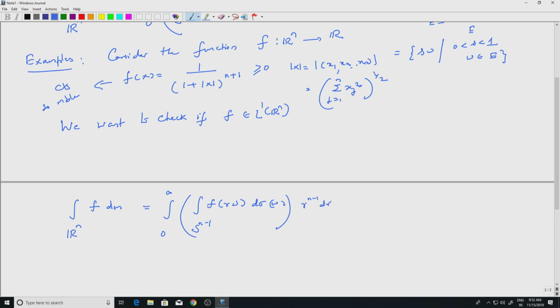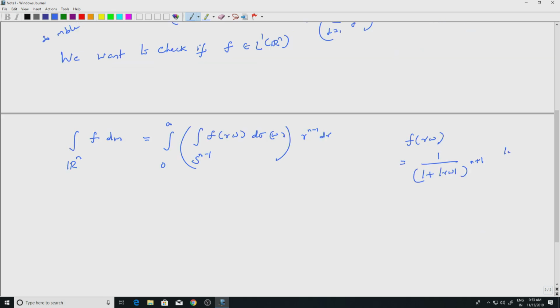But what is f(r omega)? Omega is a point in S^(n-1), r is a positive number. The definition of f tells me that this is 1 over (1 plus mod r omega) to the n plus 1. But mod omega is equal to 1, because omega is in the unit sphere.